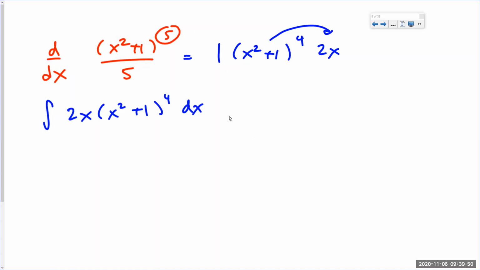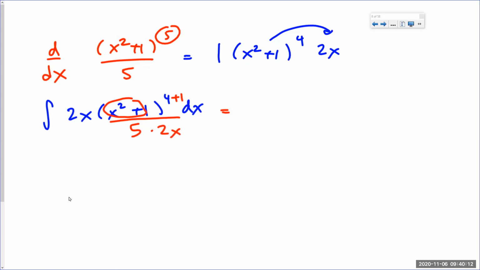What I'm going to do is add 1 to the exponent. This is exactly like what you did in your homework for my math lab. Hopefully you did it. You're going to add 1 to the exponent, divide by the new exponent, then divide by the derivative of this x squared plus 1. The derivative of x squared plus 1 is 2x.